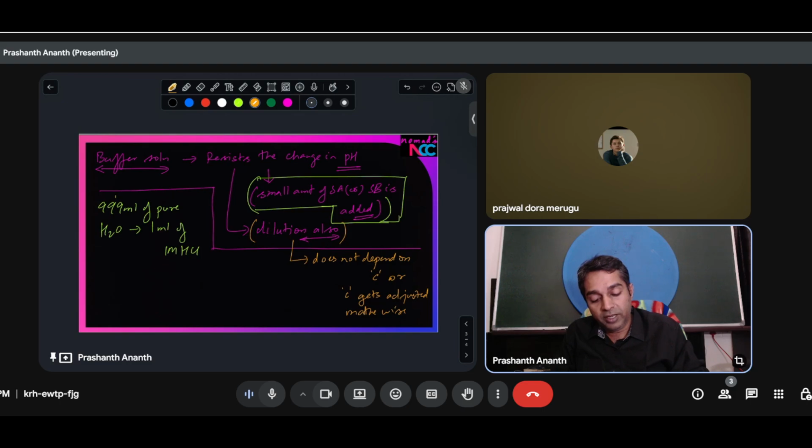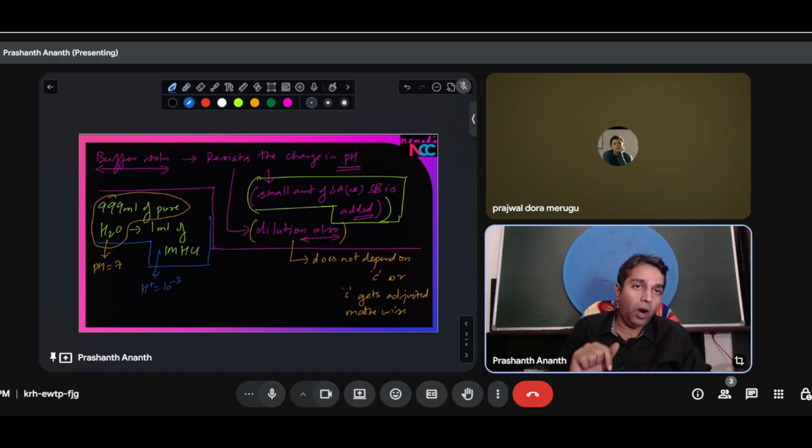Originally the pH should have been 7. Finally, what becomes the pH? On adding this 1 ml, you will end up having H plus concentration equal to 10 power minus 3. Because 1 ml, 1 molar, so 1 millimole. 1 millimole is in 1000 ml, so 10 power minus 3 molar, meaning pH works out as 3.